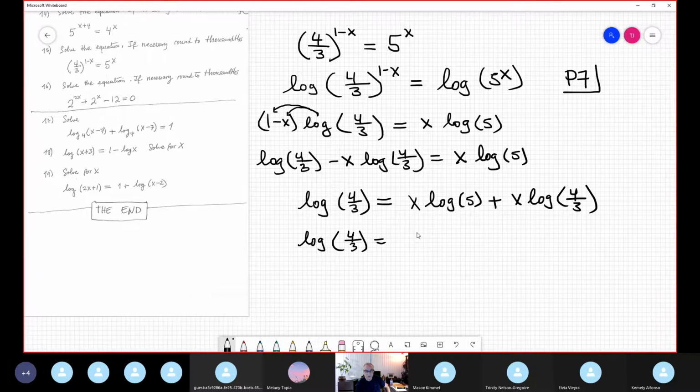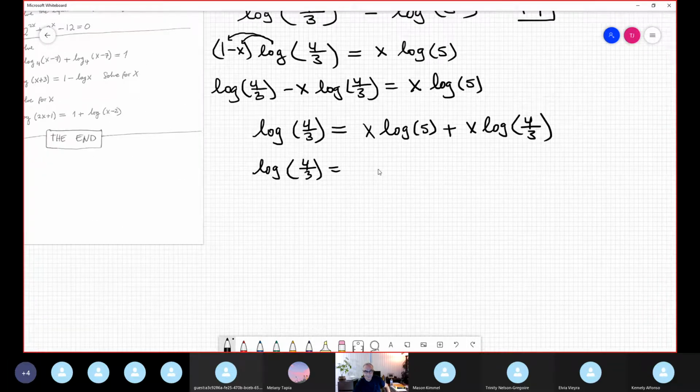You factor out x: x times the quantity logarithm of 5 plus logarithm of 4/3.